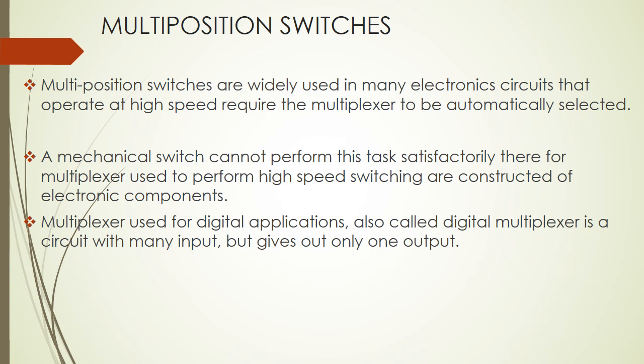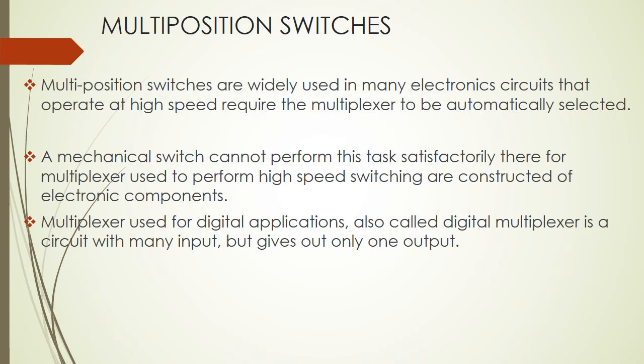So for a multiplexer to select at a high speed rate, it has to implement a multi-position switch. That is the requirement of the multi-position switch for the multiplexer. It is recommended because it makes the circuit faster.